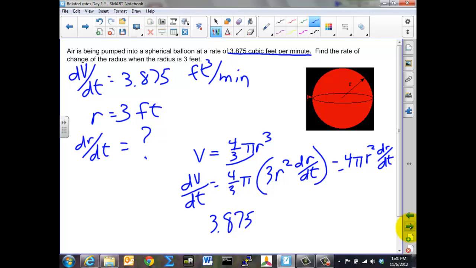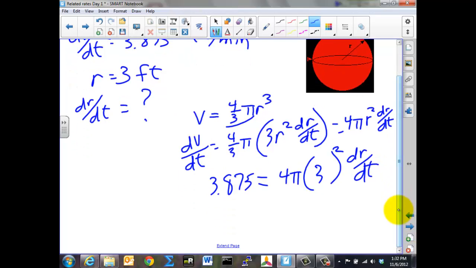In the past, we've been plugging it in over here for dr/dt. But remember, dV/dt is a volume change. So it's 3.875 equals 4 pi, and what are we going to put in for r? 3 squared, dr over dt. Now it's a calculator problem. Yes, you should use your calculator to figure out what that is.